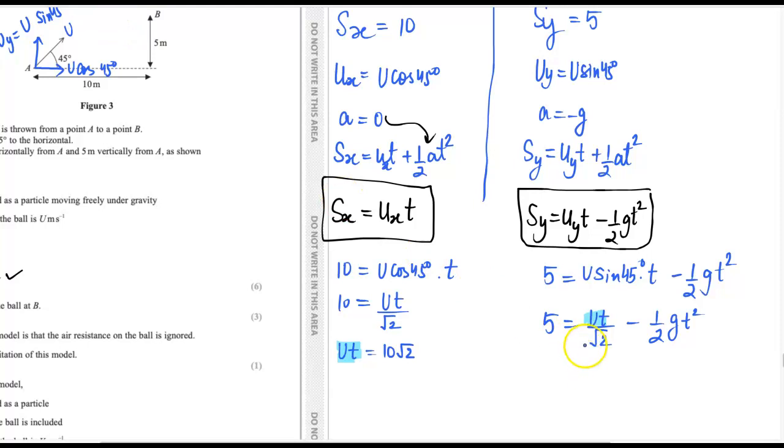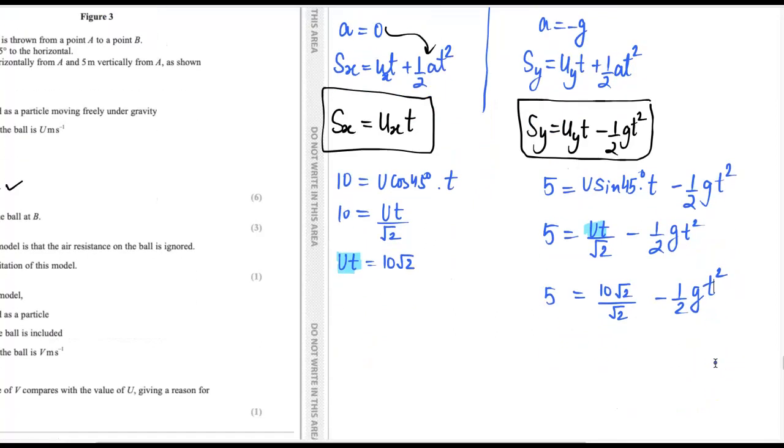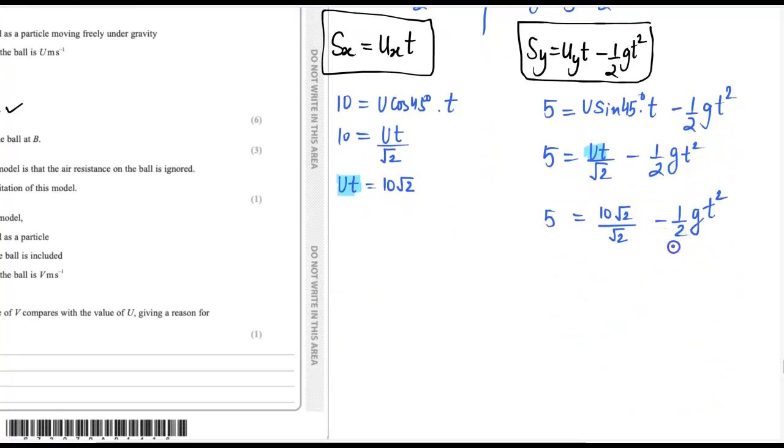If we substitute it, we're going to be getting 5 equals 10 root 2 over root 2 minus half g t squared. Now if we move this there and that one like this, we're going to be getting half g t squared equal to 10 minus 5. Root 2 cancels, giving us 1. So half g t squared is 5.